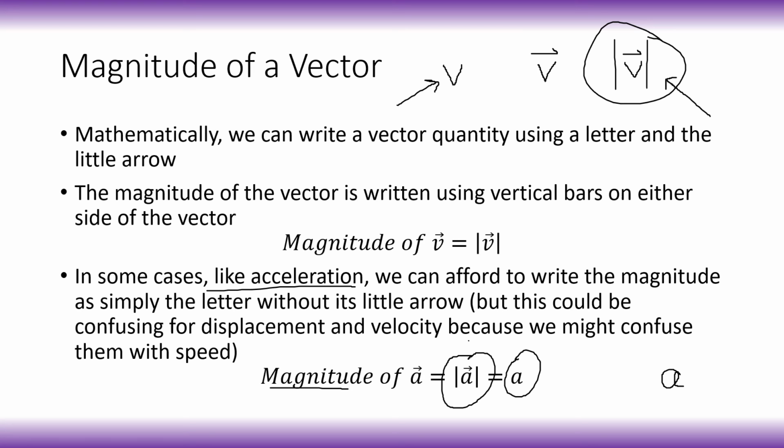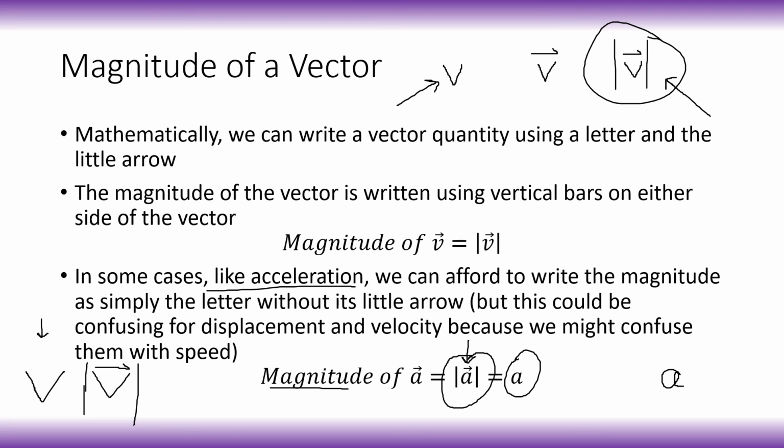But you also don't need to write it this super complicated way because there's nothing else that you could confuse that value with, right? If I'm talking about a speed v and a magnitude of a velocity, and I write them the same way, it's confusing to keep track of which is which. So I'll write the magnitude of my velocity like this, and I'll write the speed like this.